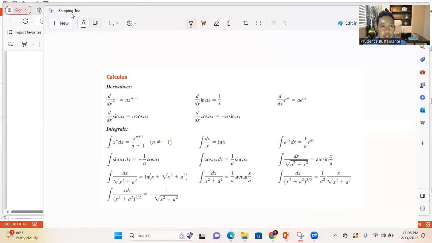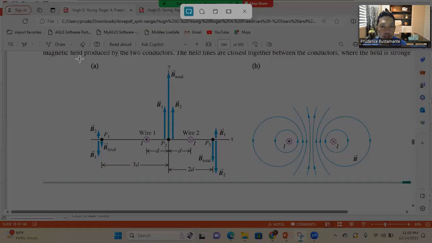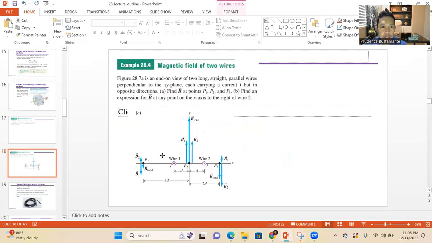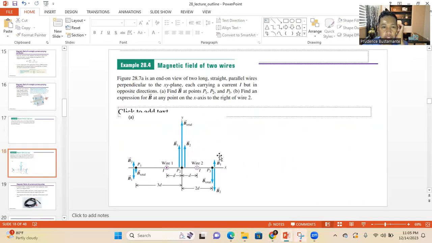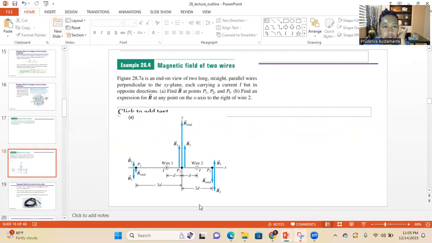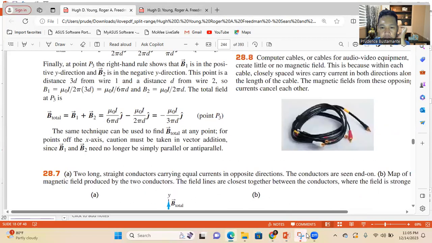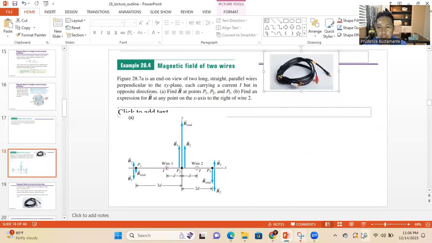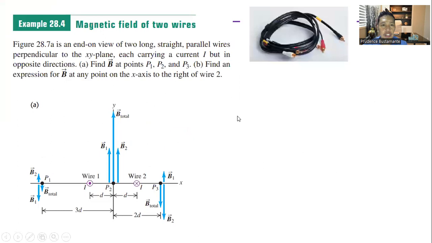Let's snip this, and let's also snip this one. So this is how the two wires look. We'll snip it later if you need.